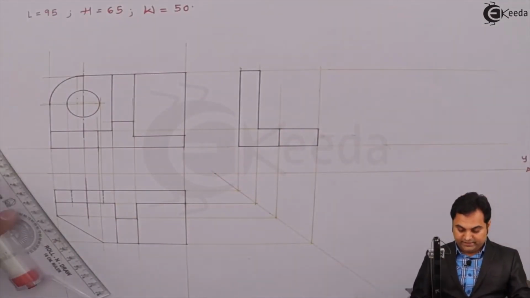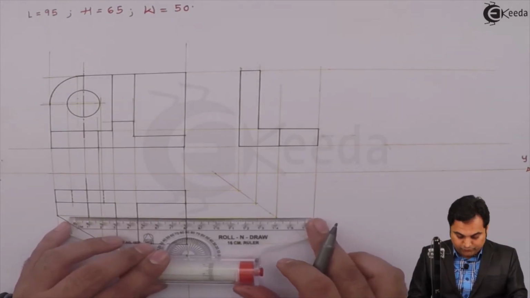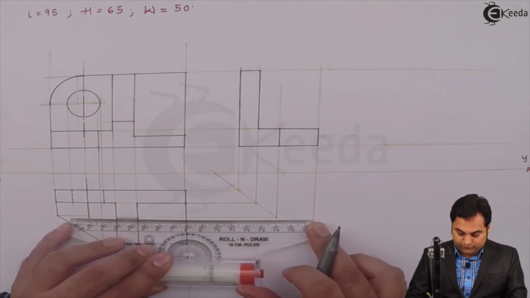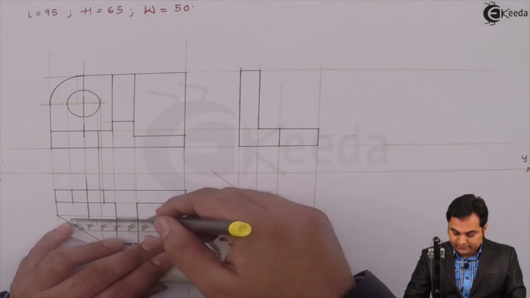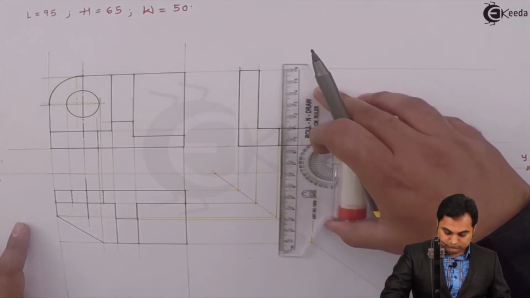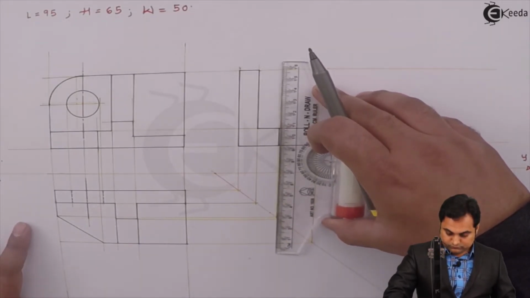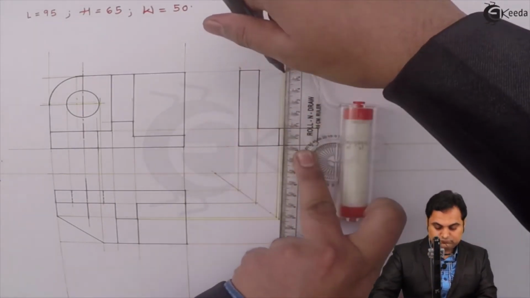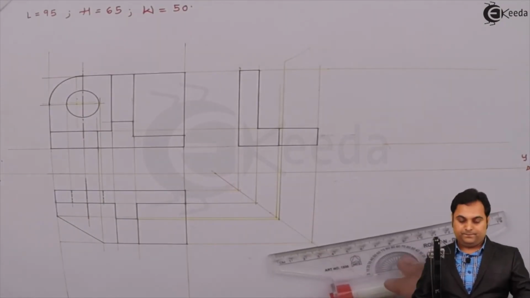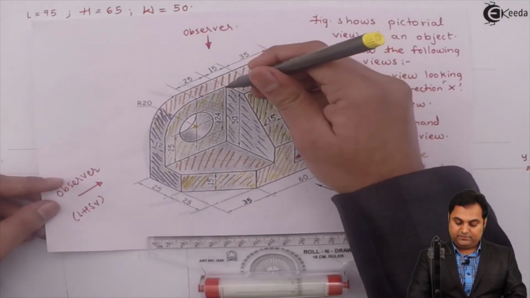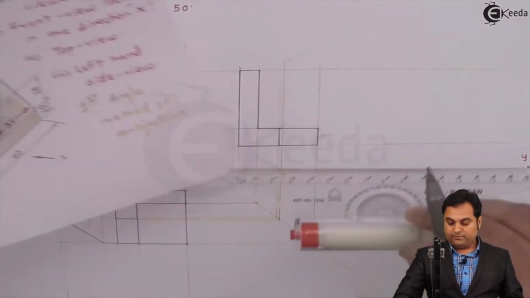So that 14 I can get from the top view because width already have been projected. It is there in the top view. I can get it into the side view. Then here this line will be dark, so I'm making it dark.